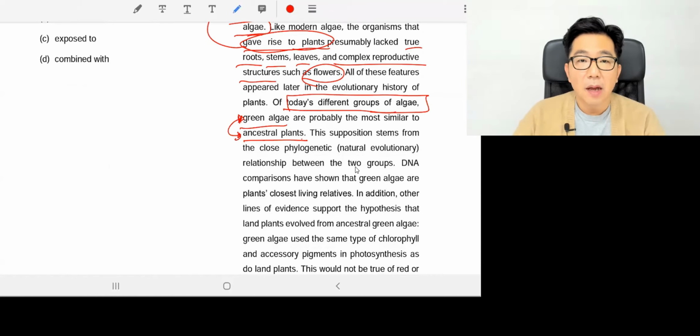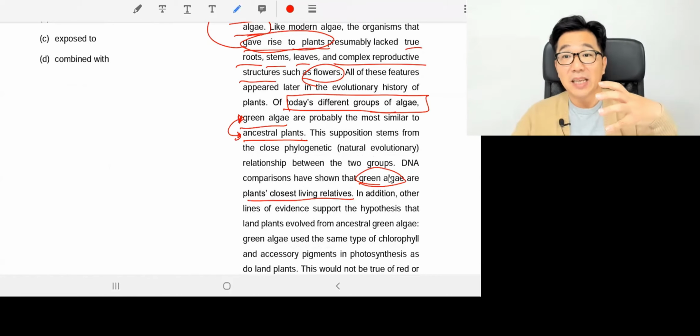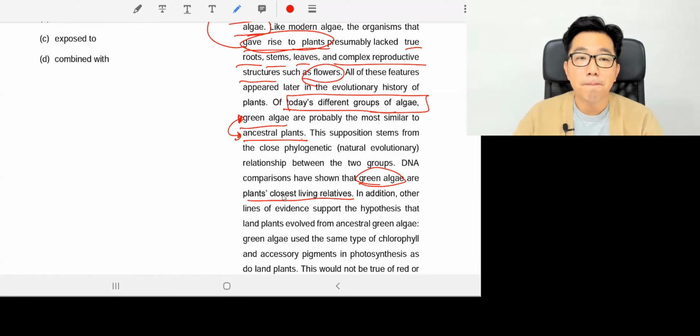DNA comparisons have shown that green algae are plants' closest living relatives. So the DNA of modern plants compared to green algae proves there is some kind of relationship, okay?